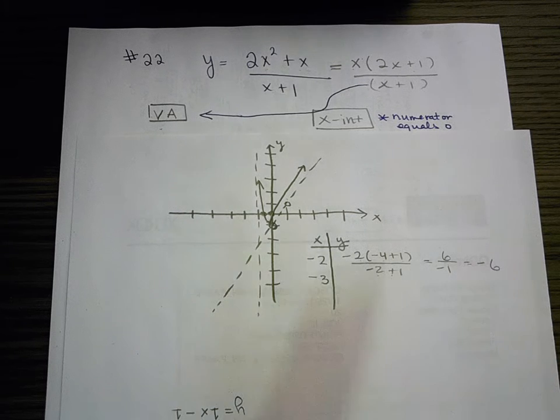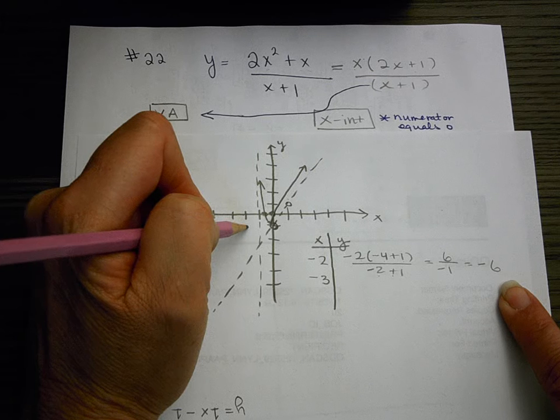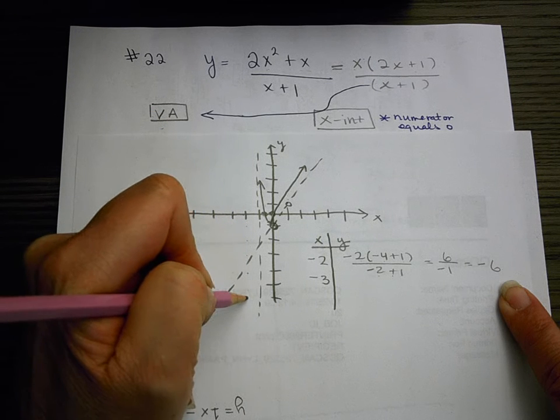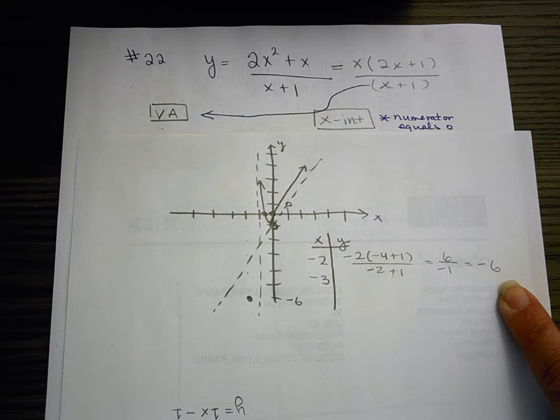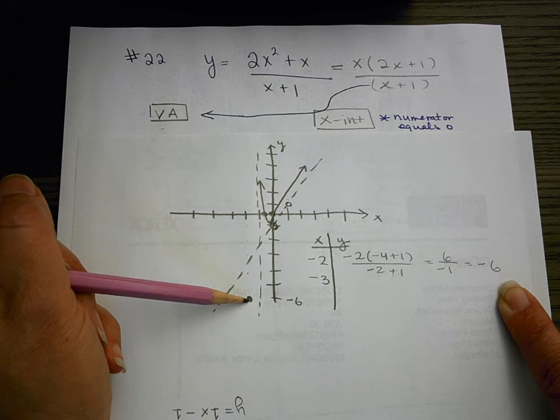So that gives me -6. So then I go to -2, -6. Oops, one more, so right there. So I went -2, -6, and then I'm going to get one more point.